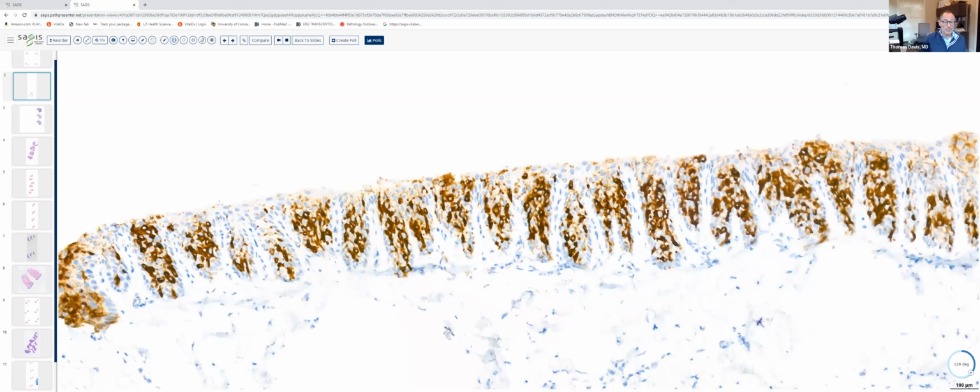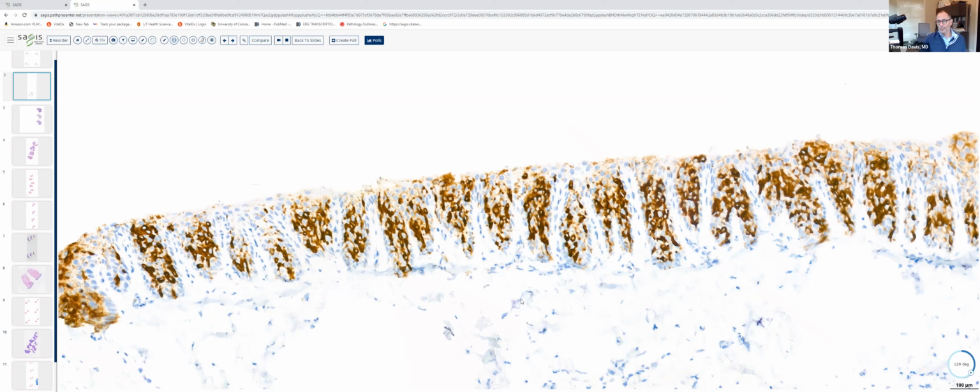One could also use a SOX10 stain, which is a nuclear melanocytic stain, sometimes a little bit cleaner than the MART1 stain, which is a cytoplasmic stain. So first case, slides 1 and 2 represented melanoma in situ involving the nail unit. Very nice example.